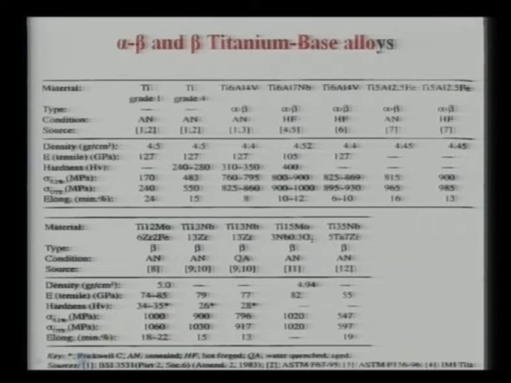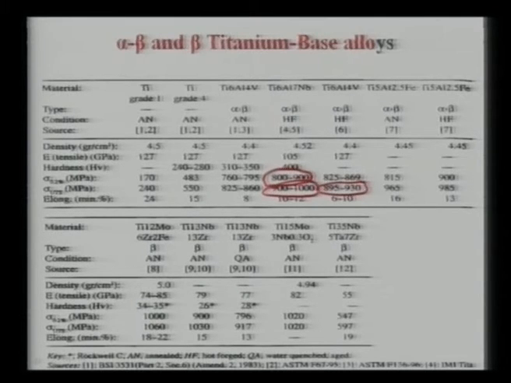Now these titanium alloys are also available in different forms, like alpha beta titanium alloys or beta titanium alloys, and this particular slide shows the different kinds of properties, or the variation of properties, that are available. Some of the properties I must mention here: it can have a yield strength of 900 megapascal, and it also has an ultimate tensile strength which is always close to 1000 megapascal or 1 gigapascal.